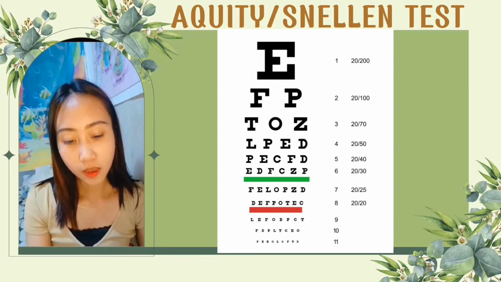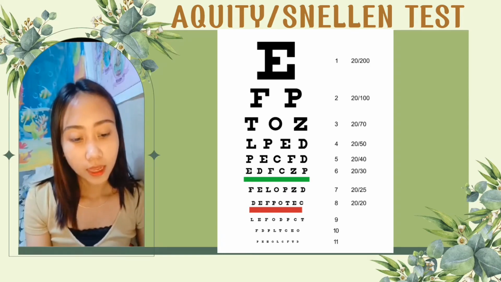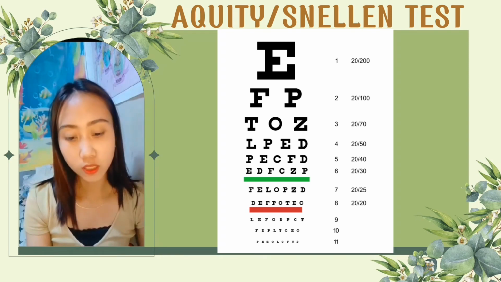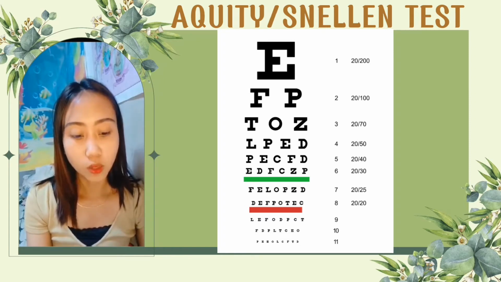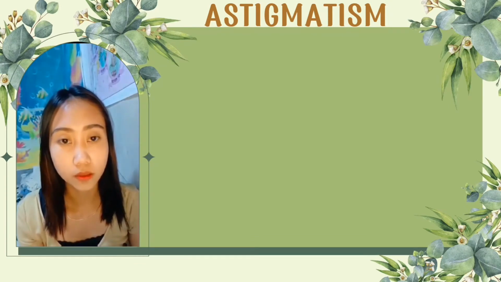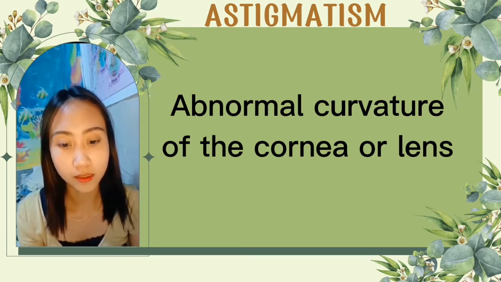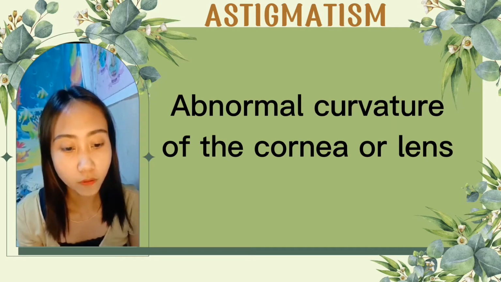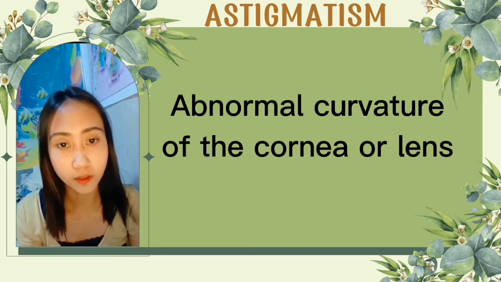However, let's say at his left side he could only read line 6, which is 20/30. That means the left eye sees at 20 feet what a person with normal vision would see at 30 feet. Astigmatism is abnormal curvature of the cornea or lens. For the chart test, stand 20 feet away, cover one eye and stare at the center.